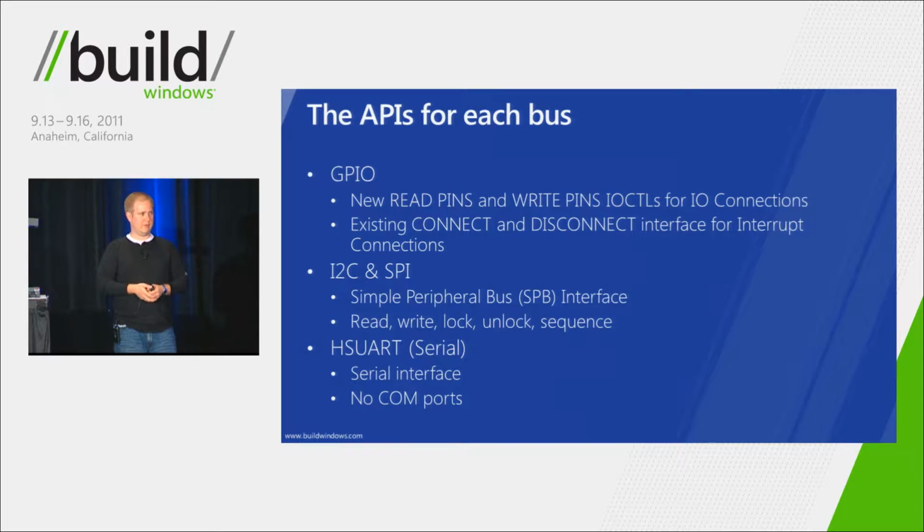It's as simple as the buses themselves. It's reads, it's writes. You can unlock and lock the bus, but it's very, very simple. And then high-speed UART uses the 20-year-old serial APIs that have done us so well for 20 years. But we've eliminated the use of COM ports because, as I said, there is no more COM5, COM7. Everything is soldered in. ACPI gives us the luxury of knowing what's connected to what.